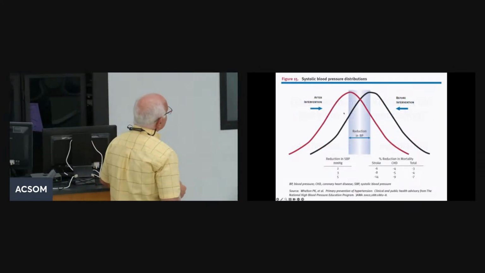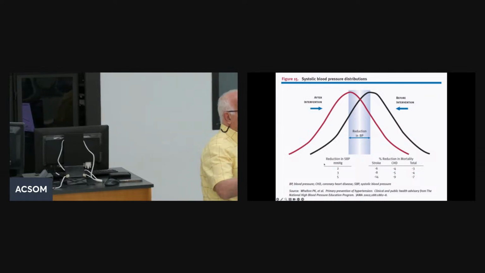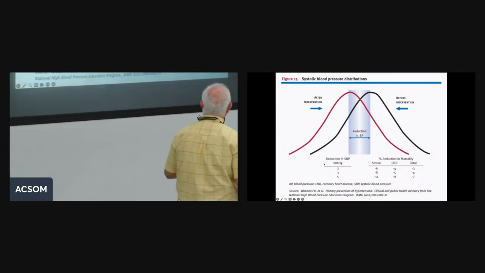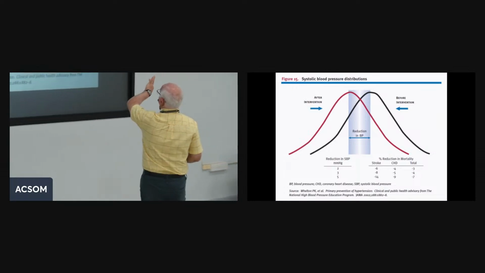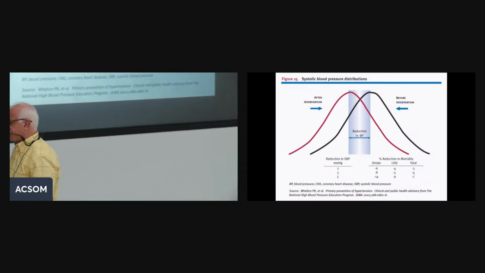Here we are. Look, the black curve is when somebody's blood pressure is in general. This is the distribution of blood pressure, let's say in a community. If you intervene, if you give them medicine to treat their blood pressure, you push the blood pressure to the left, meaning that they have lower blood pressures.